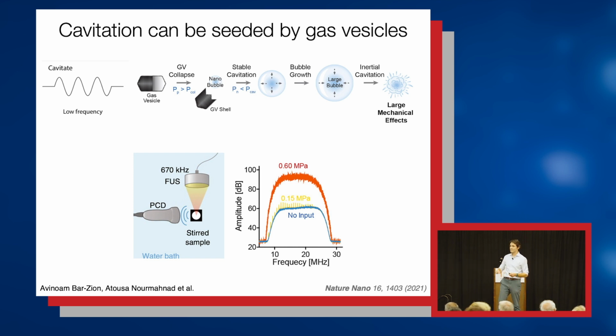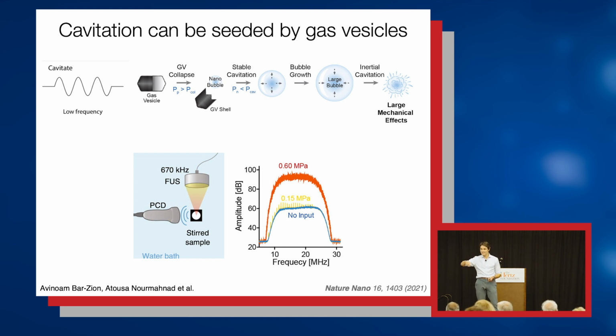Okay? And the way we do that is by applying a strong enough ultrasound pressure that causes the gas vesicle to irreversibly collapse. Okay? So this is beyond buckling. It's just collapse. And when they collapse, the air that's inside of them gets released out. Initially, it's just a nanobubble. And usually these nanobubbles, because of the surface tension that Michael Fischbach was not aware of, they'll just dissolve within a millisecond.